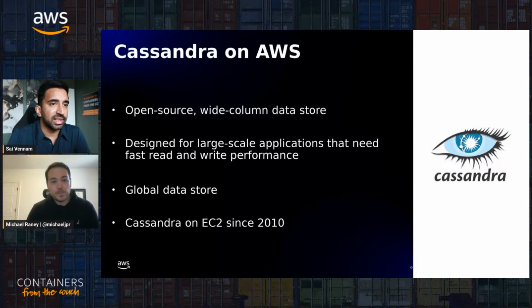Got it. Makes sense. As we see Cassandra being used on EC2, I think you would agree that it probably needs the most amount of intervention to keep things running smoothly. Yep. Some of the concerns that come to mind are things like automatically scaling in response to load and that kind of thing.